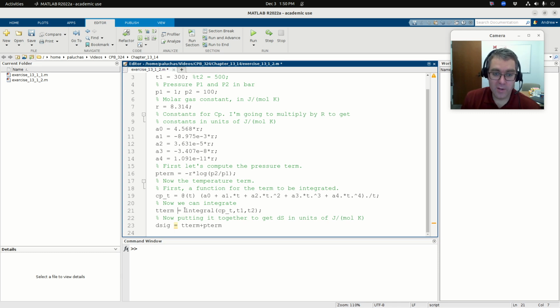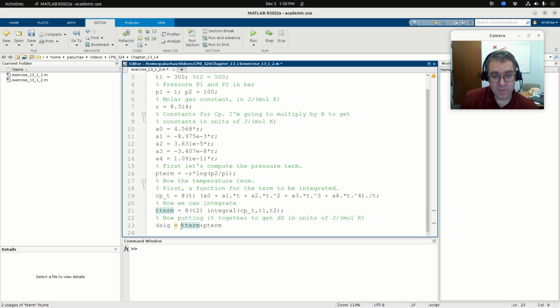In theory, I can make this a function. My T term, I could turn into an anonymous function of T2, where I integrate this term, Cp over T, from T1, which is known, to T2, which is my input to that function. So I could turn this into a function.